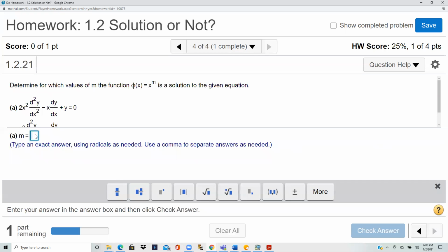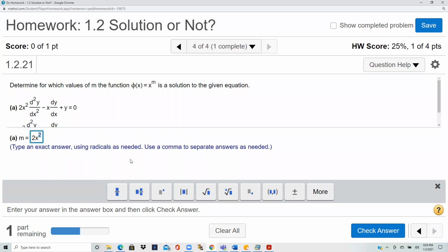we have 2x squared. And now this is the second derivative. So now the first derivative is m times x to the m minus 1. The second derivative will be m times m minus 1 times x to the m minus 2.